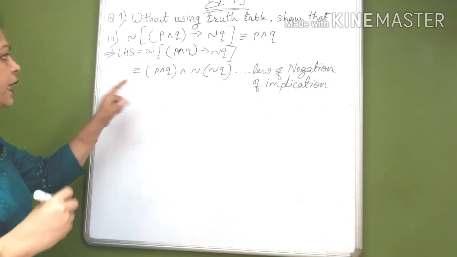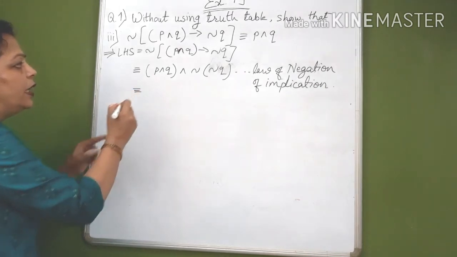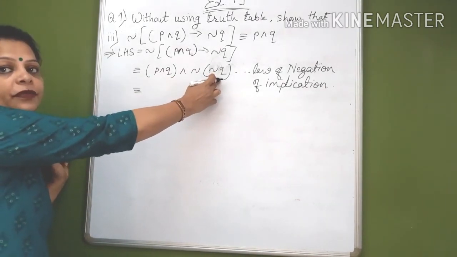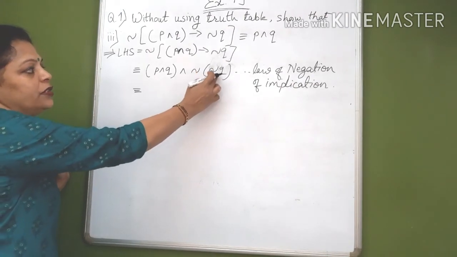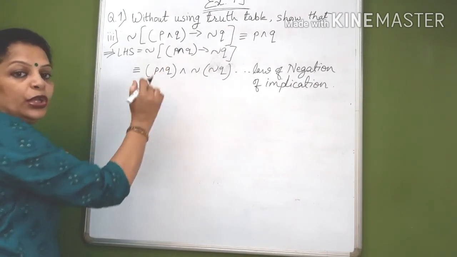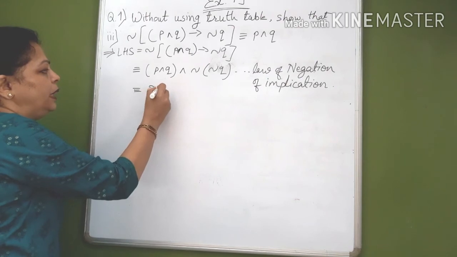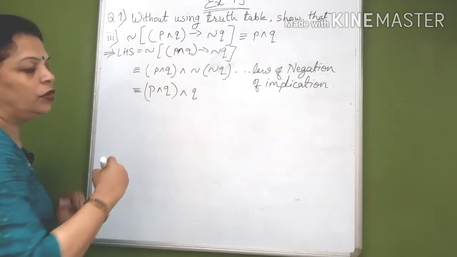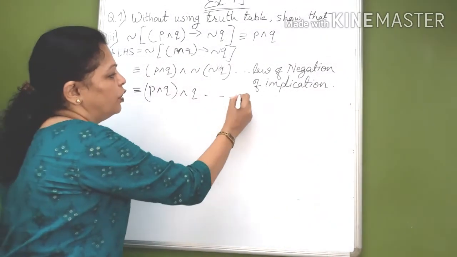Fine. Then the next one. Now we know that negation of negation is the statement itself. So negation of negation Q you will get equal to Q. So we write (P and Q) and Q. What is this law? Negation of negation.